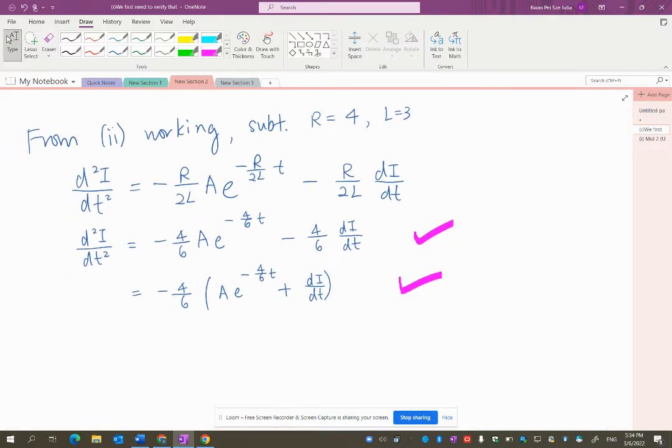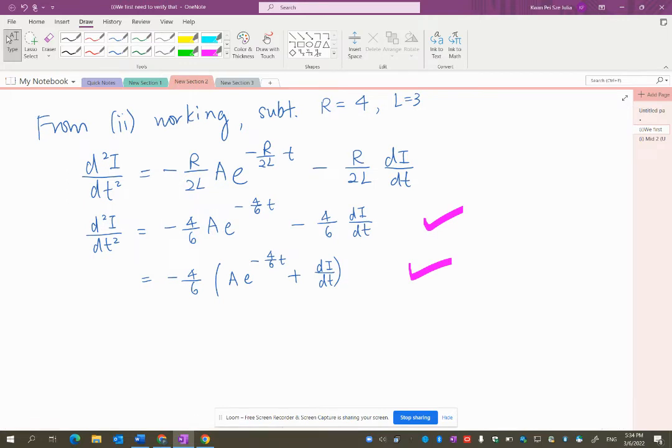What we do is we need to verify that this is less than 0 when t is 3 over 2. That gives us the maximum point. So the last part we're going to do is substitute t is 3 over 2.